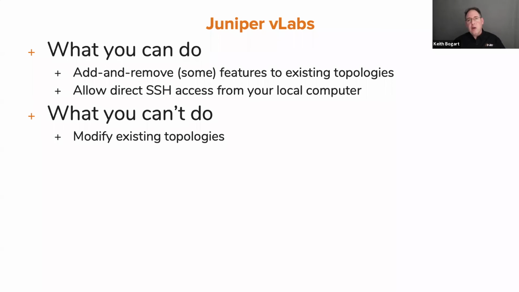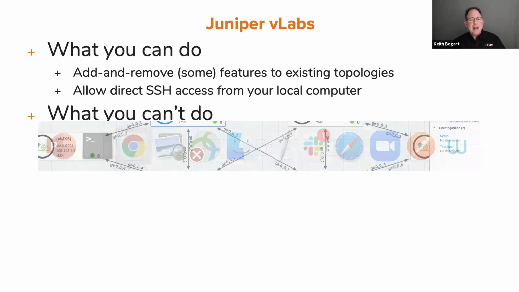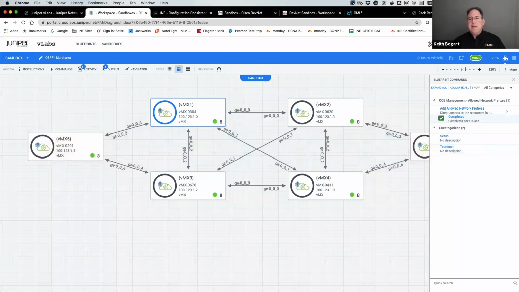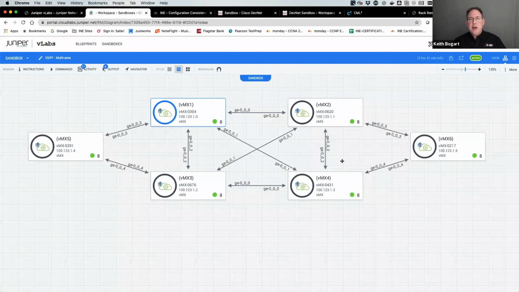Unlike Cisco, where I could drag and drop new nodes into their pre-built topology, or create a whole new lab with a clean slate and create my own lab, I can't do that here. So with these Juniper VLabs, this is what you have. You can't change this topology. I can't drag and drop new nodes in here. I can't change the links. I have to work within what they've given me.